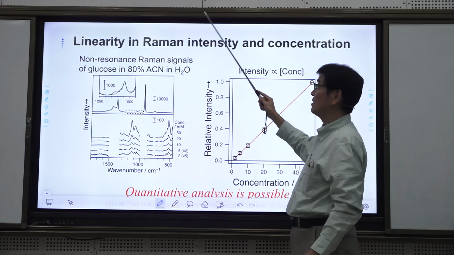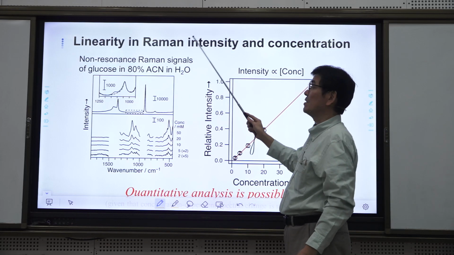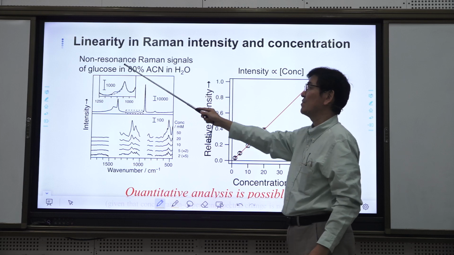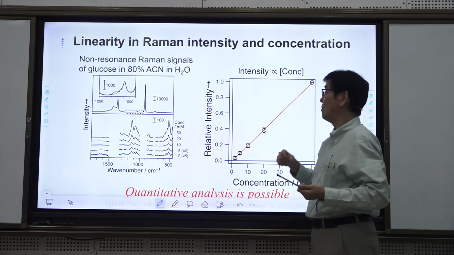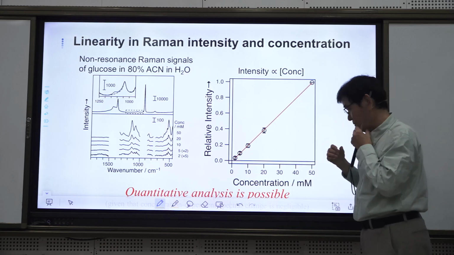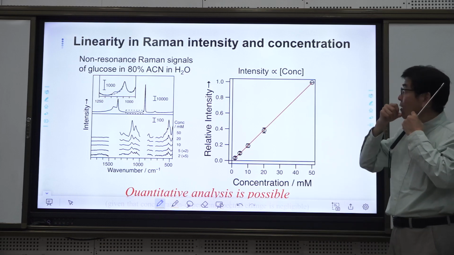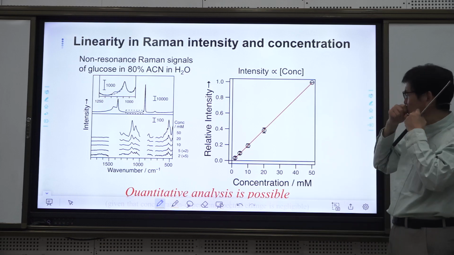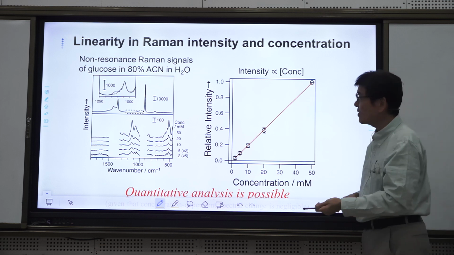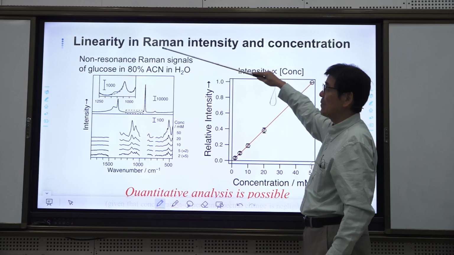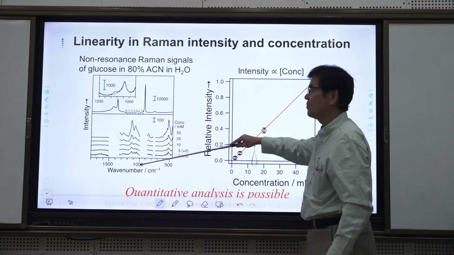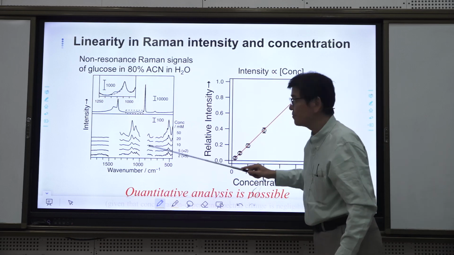And because intensity of the non-resonance Raman signal is in proportion to the number of molecules, we can quantify the amount of solute molecule.